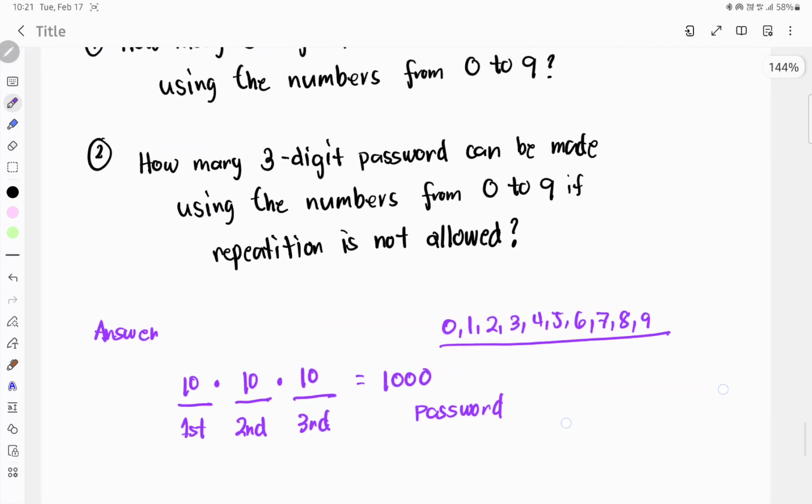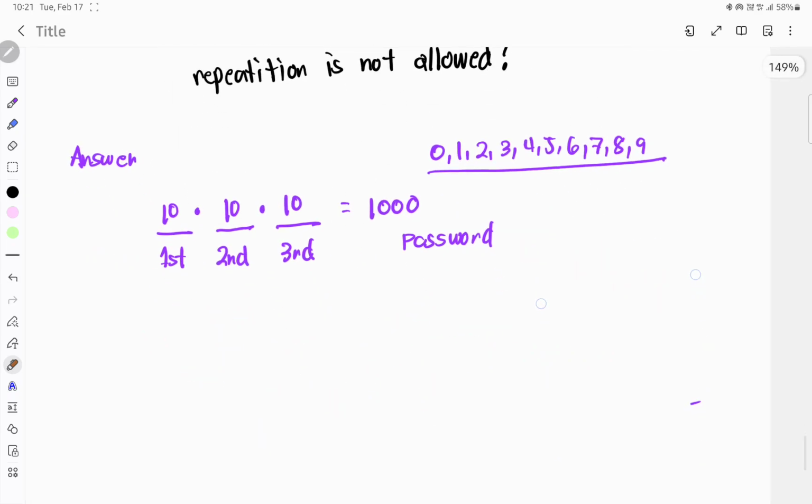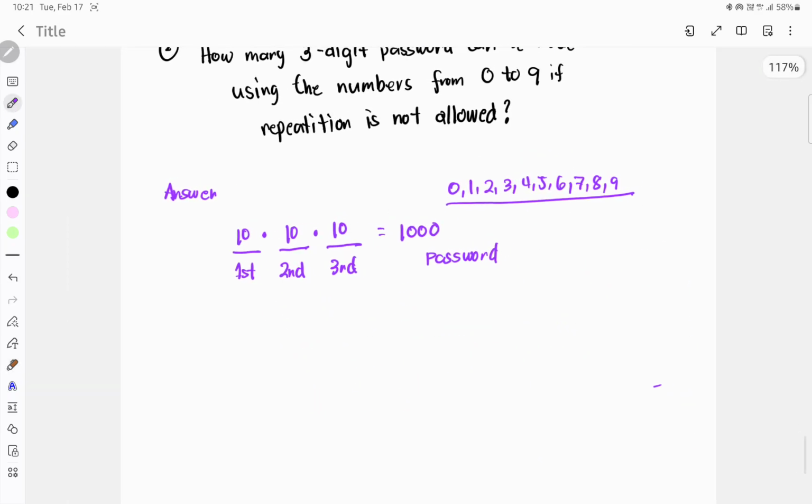However, let's look at number 2. What makes it different is that repetition is not allowed. Using the same fundamental counting principle, on the first digit you select from 10.